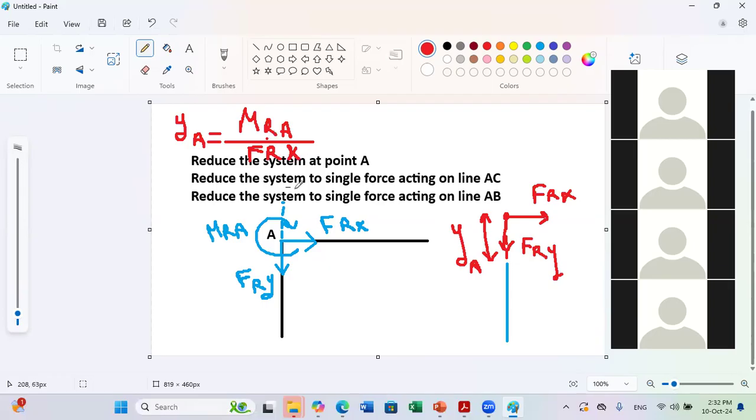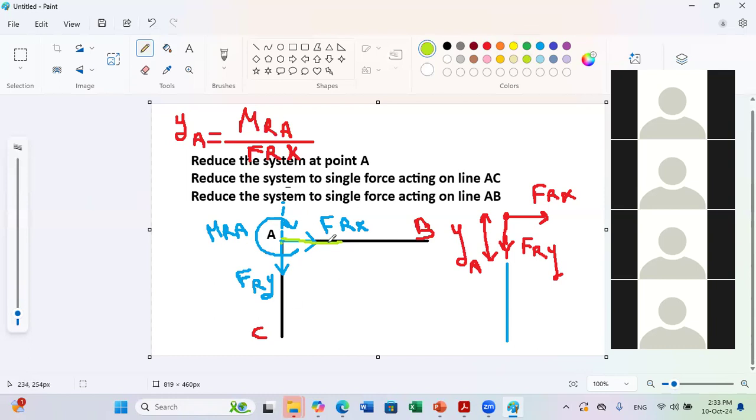Now, if you want to reduce your system to a single force along AB, so this is line AC, this is line AB. Now we want to displace the force along AB. So first we should ask ourselves the following question: should we move to the right or to the left? Who can tell me? What is the purpose? To produce a clockwise moment equal to MRA.